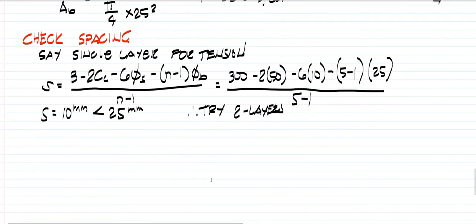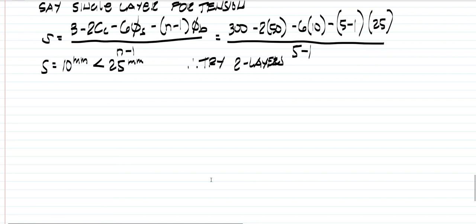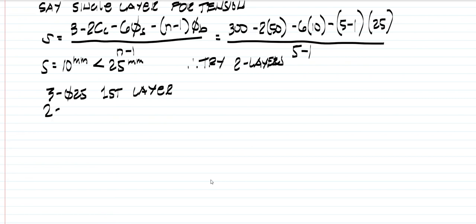So, trying 2 layers, we could have tatlong diameter 25 sa first layer at dalawang diameter 25 sa second layer. So, automatically, ang kunin na lang natin kung papasok sa spacing is yung tatlong diameter 25. Kasi, kung pumasok man sa spacing yung tatlong diameter 25, papasok na yung dalawang diameter 25.